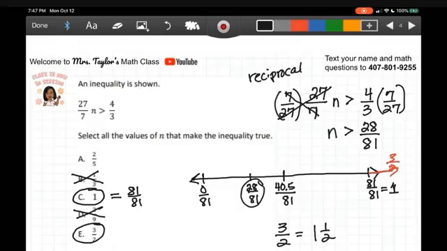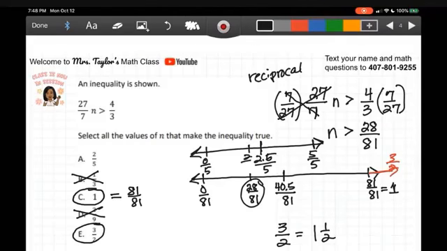Now, let's talk about 2 over 5. If we had another number line and we're talking about the halfway point. If this one was 0/5 and this was 5/5, then my halfway point would be 2.5/5. Well, 2.5/5 is going to be here, 2/5. But is this greater than 28/81?